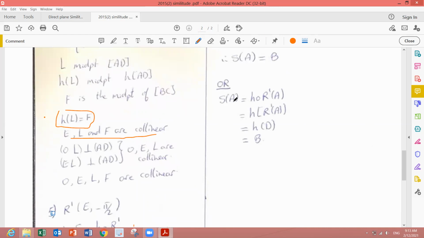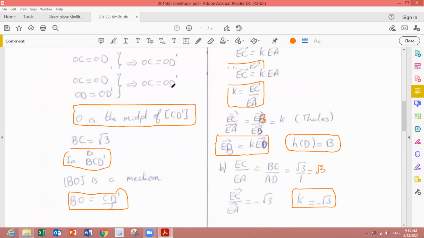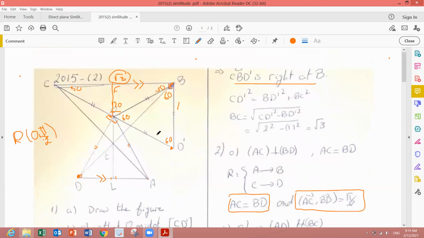The method: S of A is H round R prime of A, which equals H of R prime of A. This is A here.